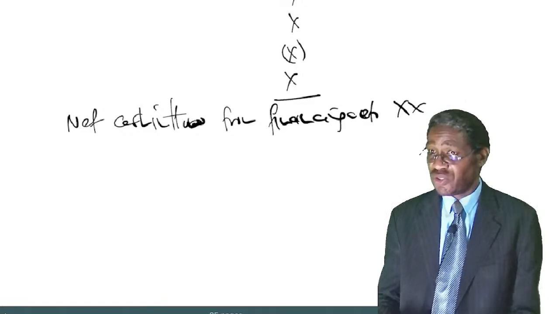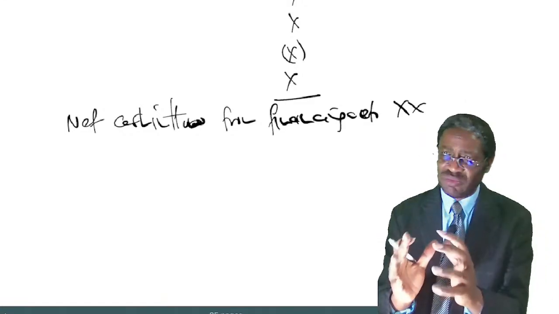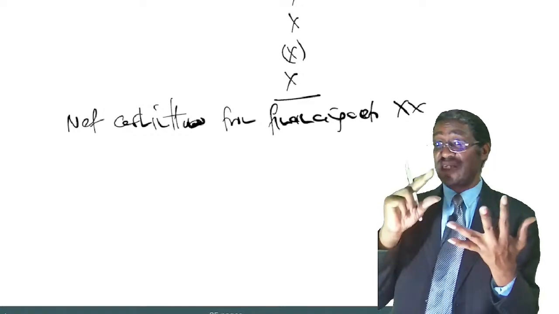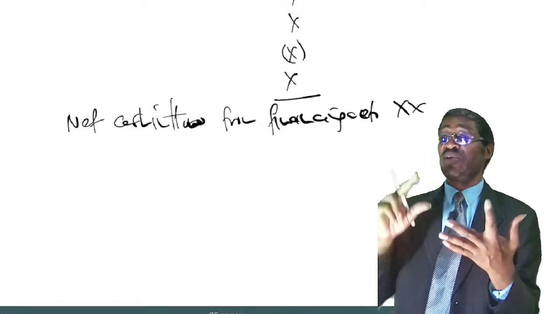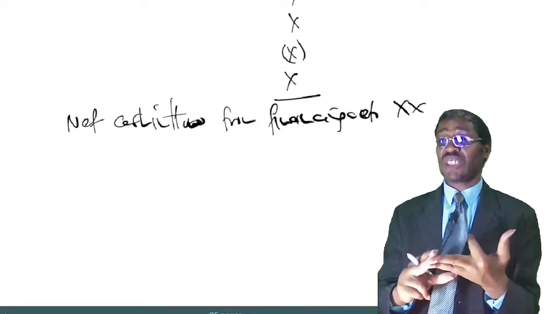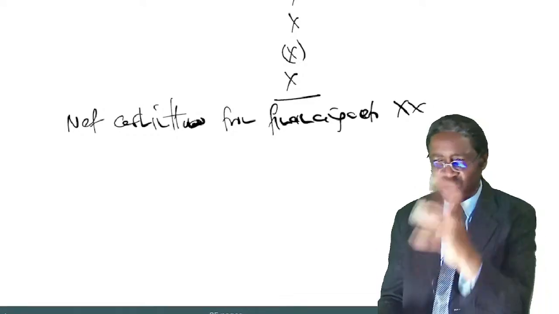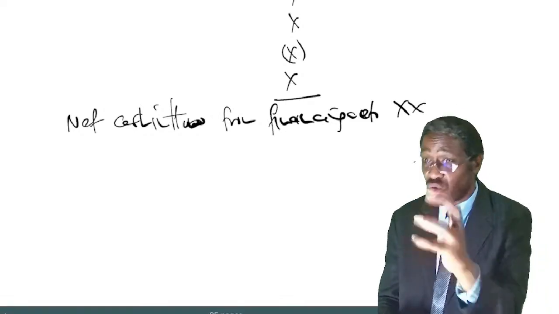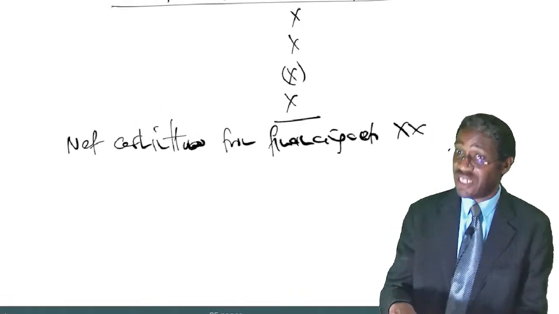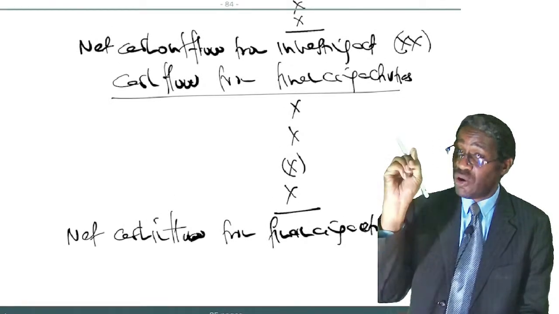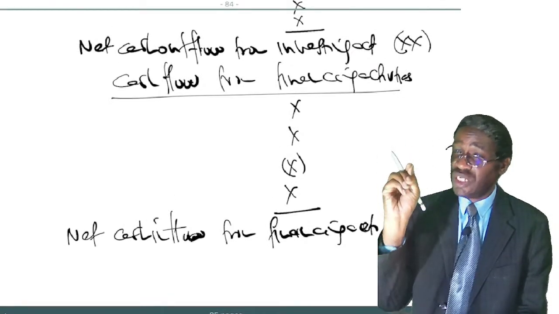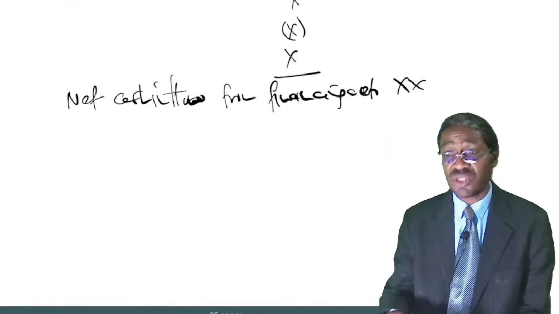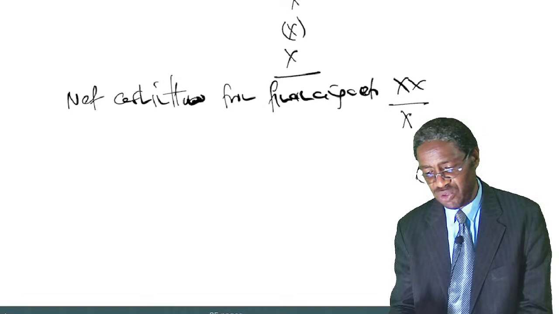Okay, good. Now I am assuming that you have identified your cash flows from operating, from investing, and from financing. Once you identified those 3 categories, you had to get the totals. That means from the net of the operating, net of the investing, and net of the financing, add those 3 figures, whatever they give you.